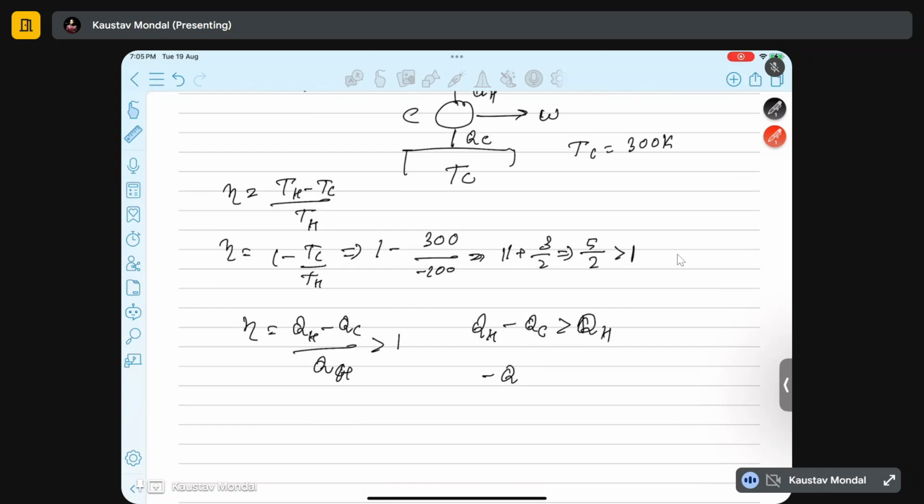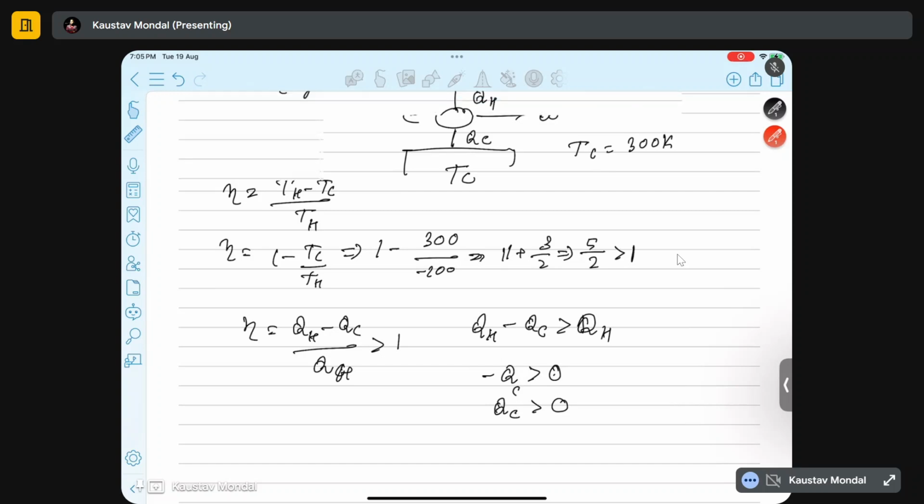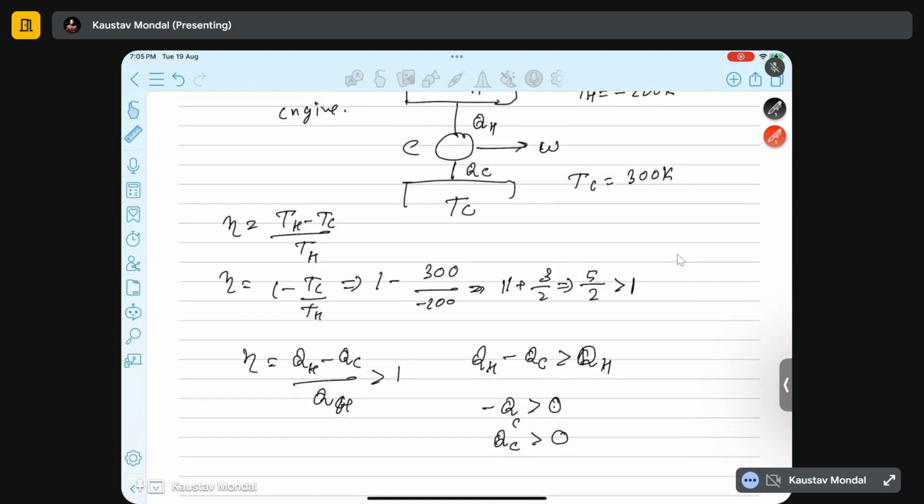So minus QC would be greater than 0, so QC will be greater than 0. Sorry, less than 0. Yeah, less than 0.